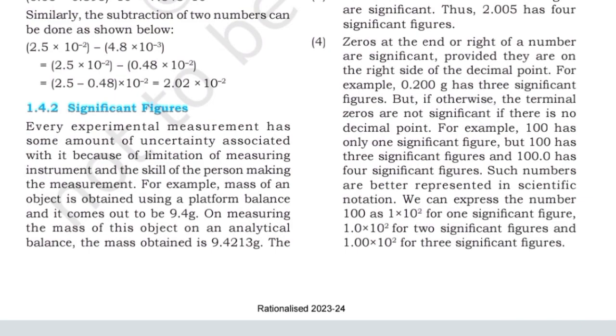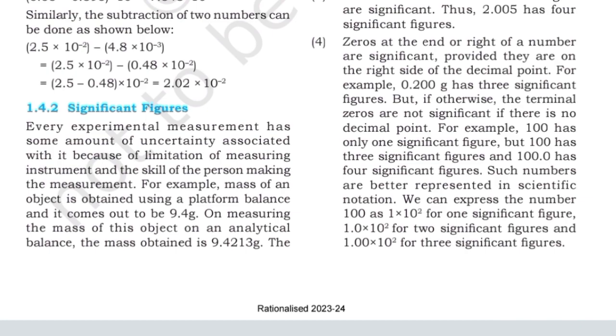Significant figures. Every experimental measurement has some amount of uncertainty associated with it because of limitation of the measuring instrument and the skill of the person making the measurement. For example, the mass of an object is obtained using a platform balance and it comes out to be 9.4.